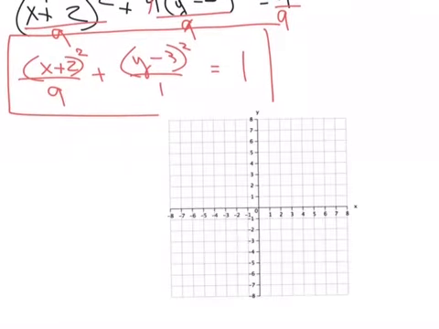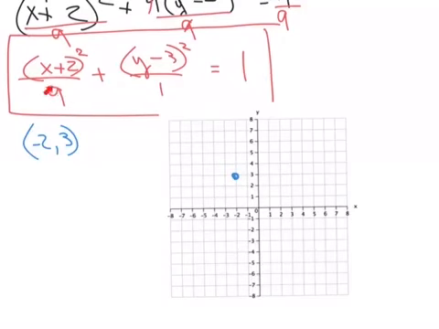Okay, so let's graph this. What makes this 0? A negative 2. And what makes that 0? A 3. So that's my center point of my ellipse. So over 2, up 3. So my center's right there.